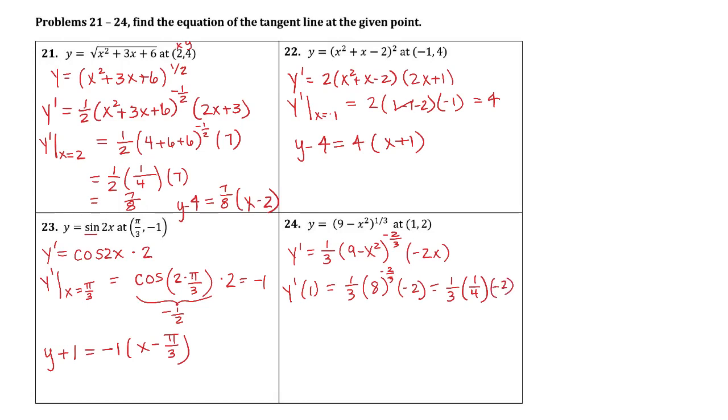So it looks like we're going to get a slope, y prime at 1, is negative 1 over 6. Now the equation is going to be y minus 2 equals negative 1/6 times x minus 1.